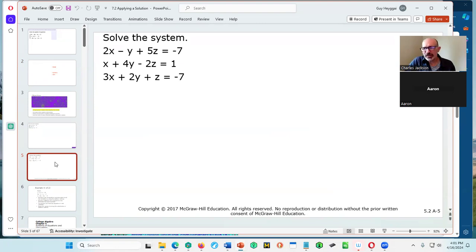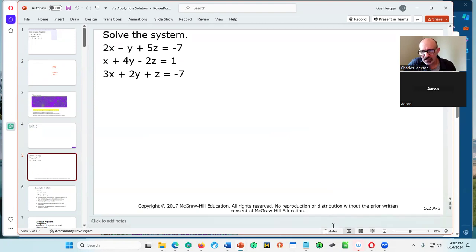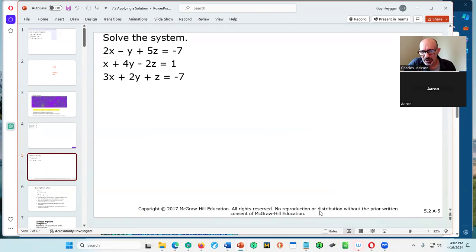And what I think is good to do is actually do it by substitution, which isn't necessarily something we think about with 3x3s.